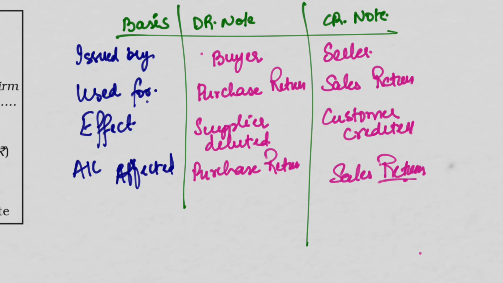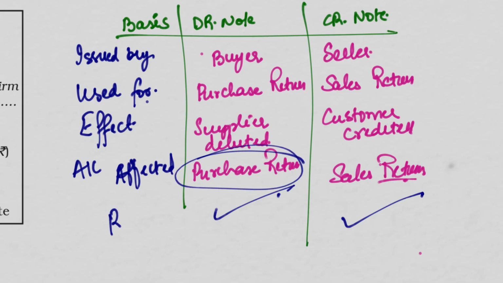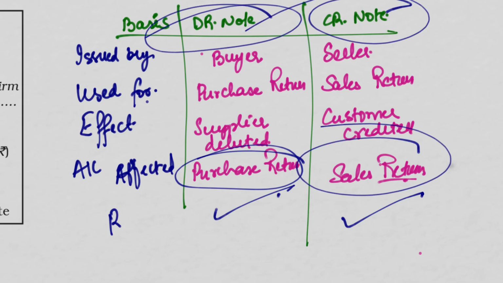So an easy trick is basically whenever the goods are coming back to you, issue a credit note. If the goods are going back from you, issue a debit note. Or simply, purchase return equals debit note, sales return equals credit note.